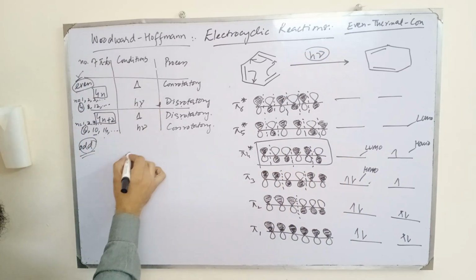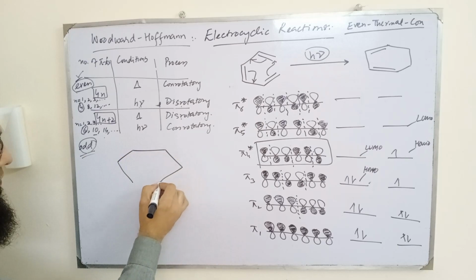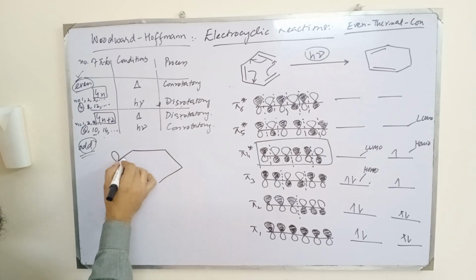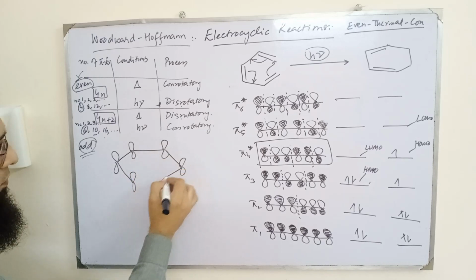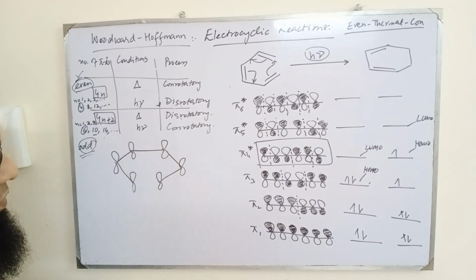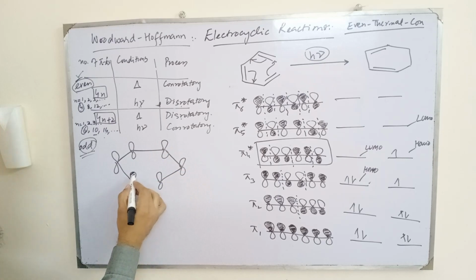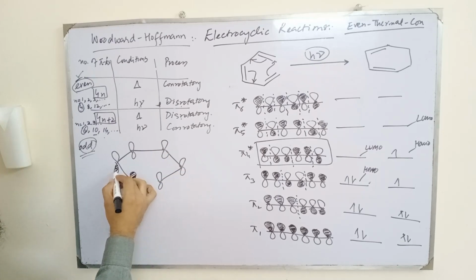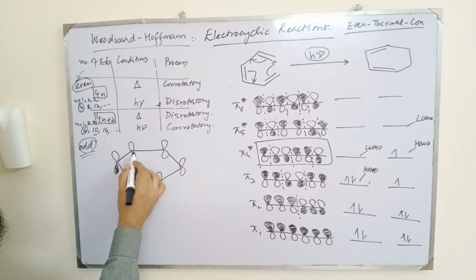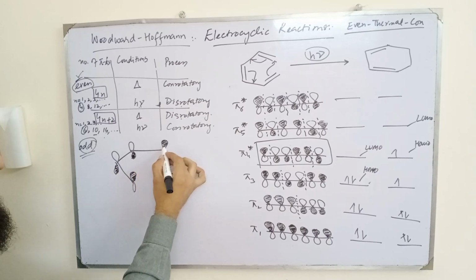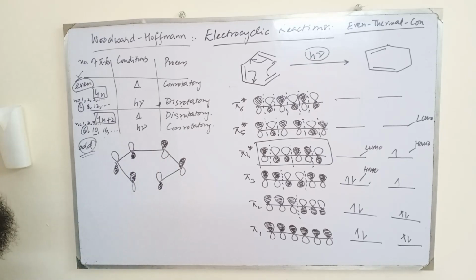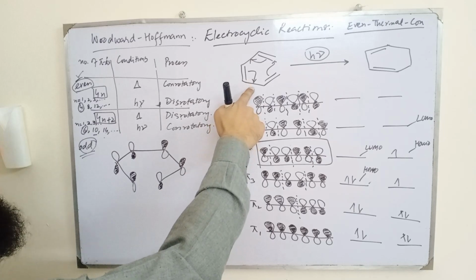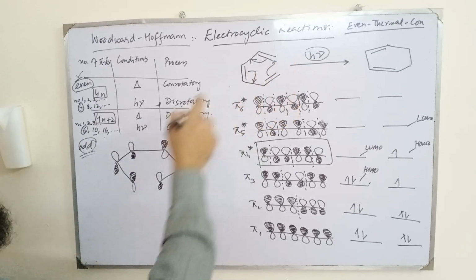So this one. And if we see the process, odd number of electron pushing arrows and photochemical conditions.